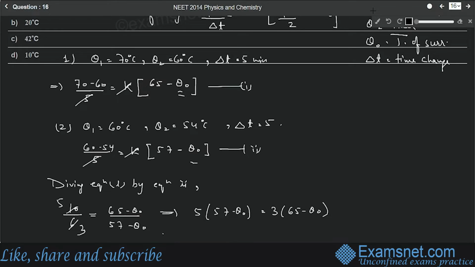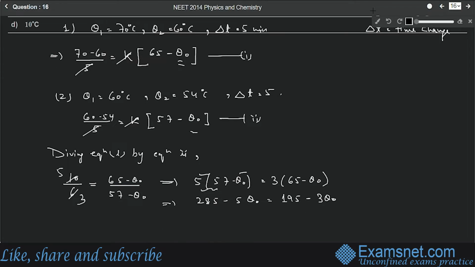5 into (57 minus theta naught) equals 3 into (65 minus theta naught). So 5 into 57 will be equal to 285. So 285 minus 5 theta naught equals 3 into 65, that is 195, minus 3 theta naught. If we bring theta naught on one side and numbers on the other side, it will be 285 minus 195, that is 90, equals minus 3 theta naught plus 5 theta naught, that is 2 theta naught.